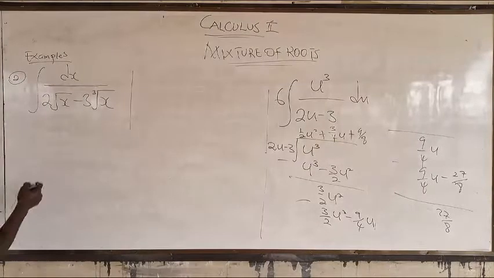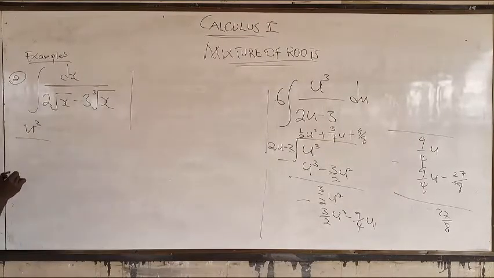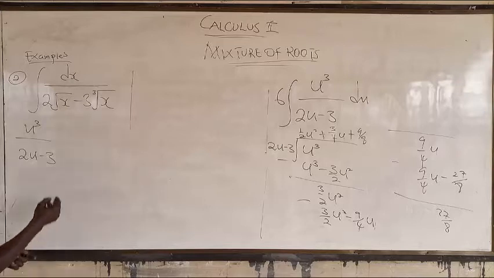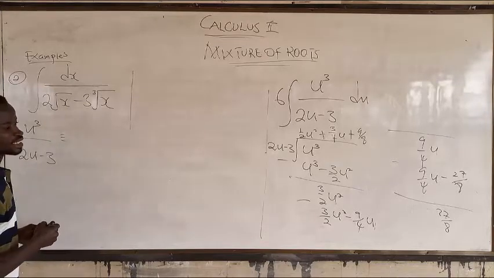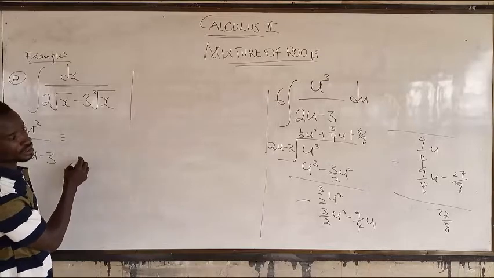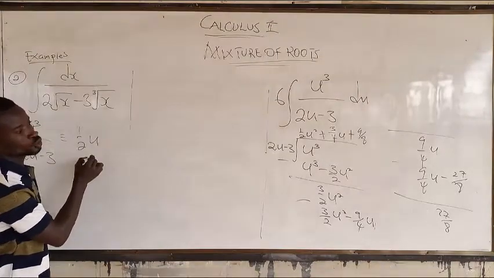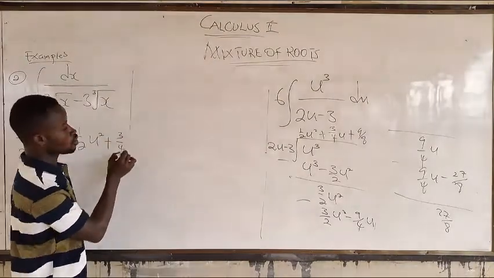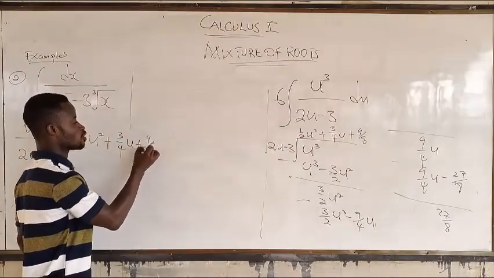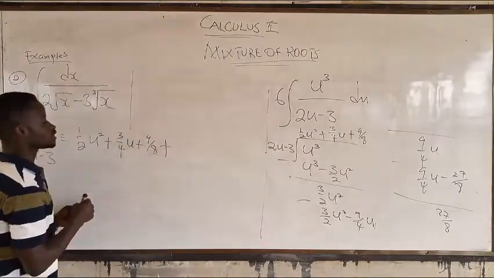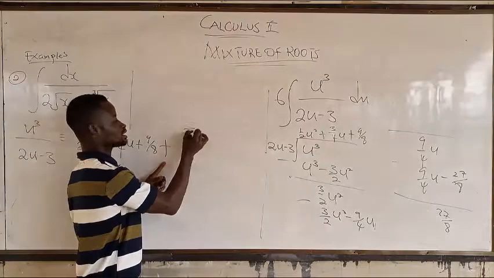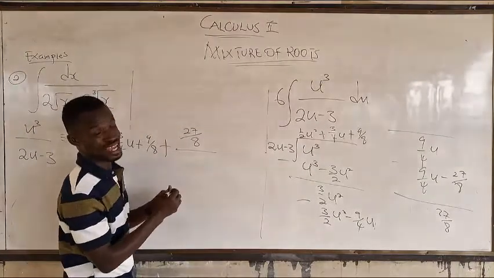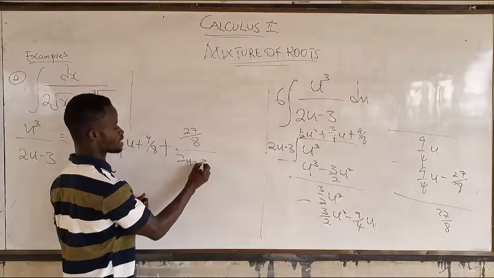So what we have there is an improper fraction, which is identical to the quotient, which is half u squared plus 3 over 4 u plus 9 over 8, plus the remainder, which is 27 over 8, over the divisor, which is 2u minus 3.